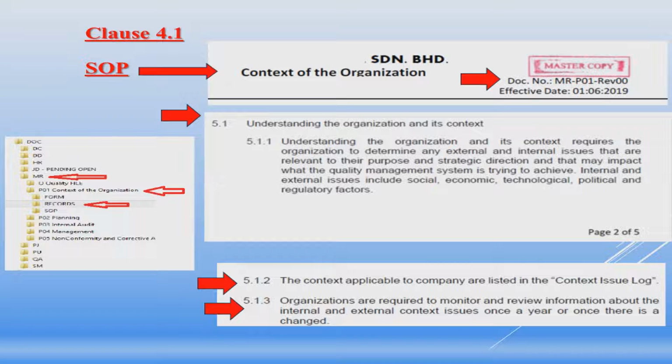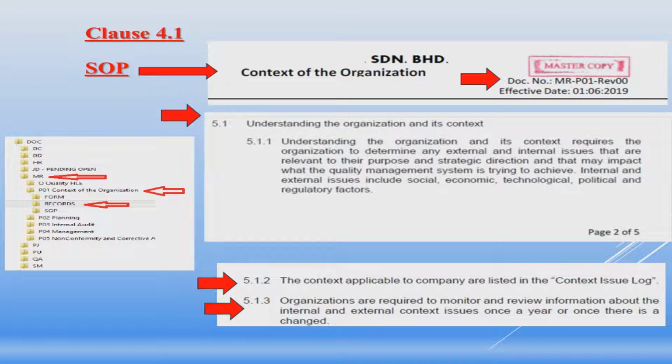Organizations are required to monitor and review information about the internal external context issue once a year or once there are changes. Jadi context issue log, setiap tahun you kena review apakah keputusan yang telah dicapai, resultnya macam mana. Kalau tak bagus, kena buat edit, buat revise. You need to revise how to improve it.